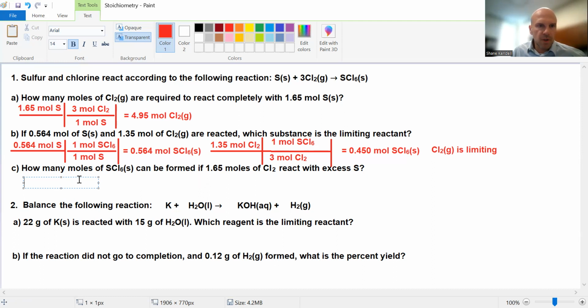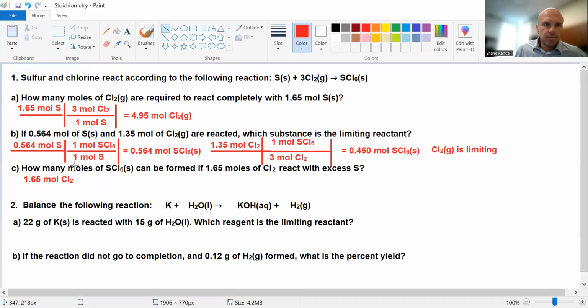I know I've got excess S now, so S is not going to be limiting and it is more than enough S. So I would just do the same calculation as what I did here, but instead of having 1.35, it'll be 1.65.